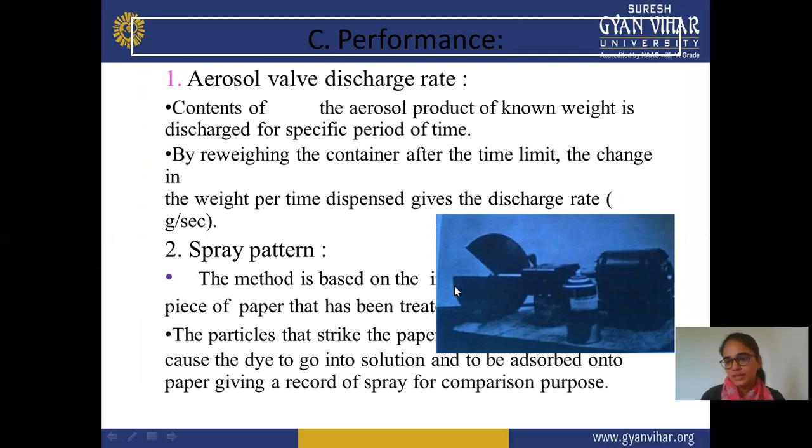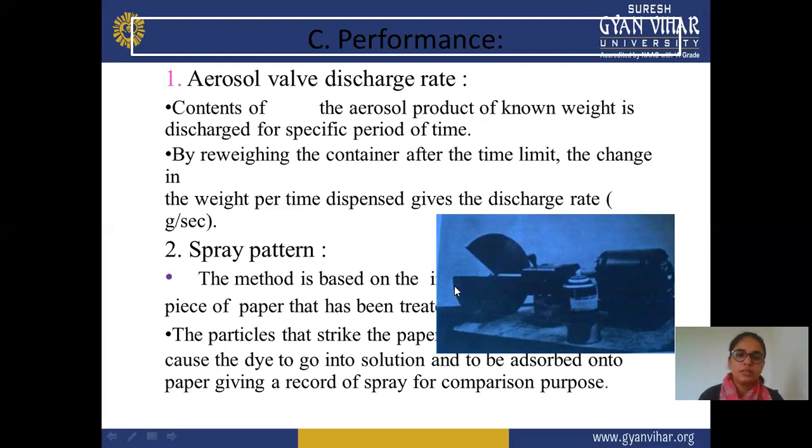Means you apply pressure and expel the material for a specific time period, then you take the expelled material and weigh it, and after that you reweigh the container or the aerosol, and you check whether it is within a specific limit or not. The change in weight per time dispersed gives the discharge rate, that is gram per second. Next is the spray pattern.